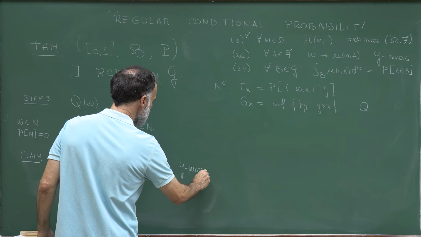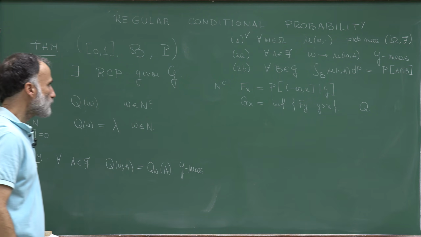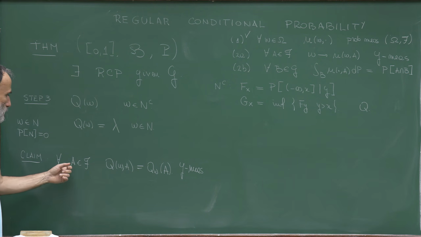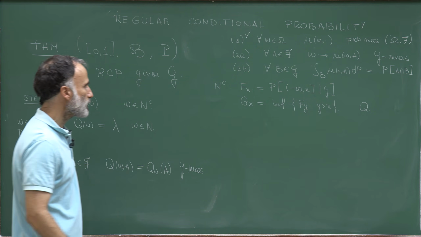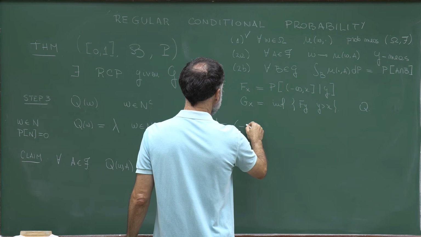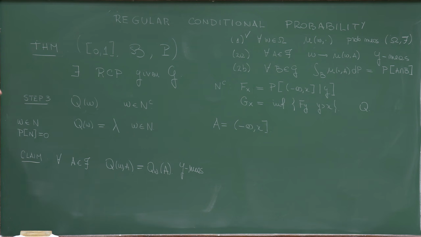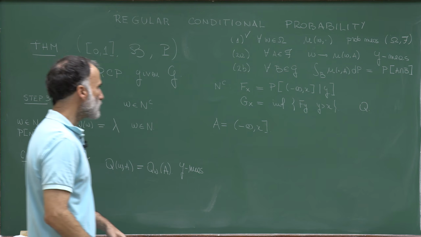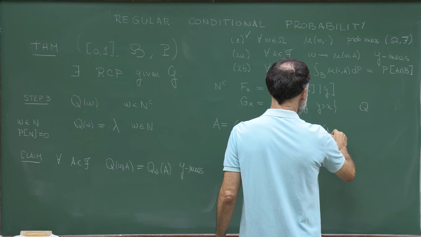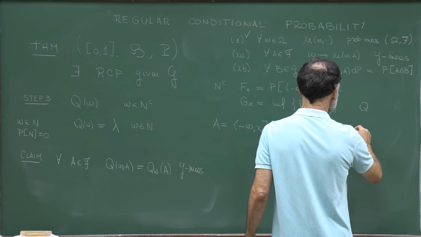So this is what I need to prove. So let's prove that. We will prove that step by step. So we will first show that this is indeed true if A is equal to (−∞, x]. So I claim that if A is equal to (−∞, x], then indeed Q(ω)(A) is G measurable.